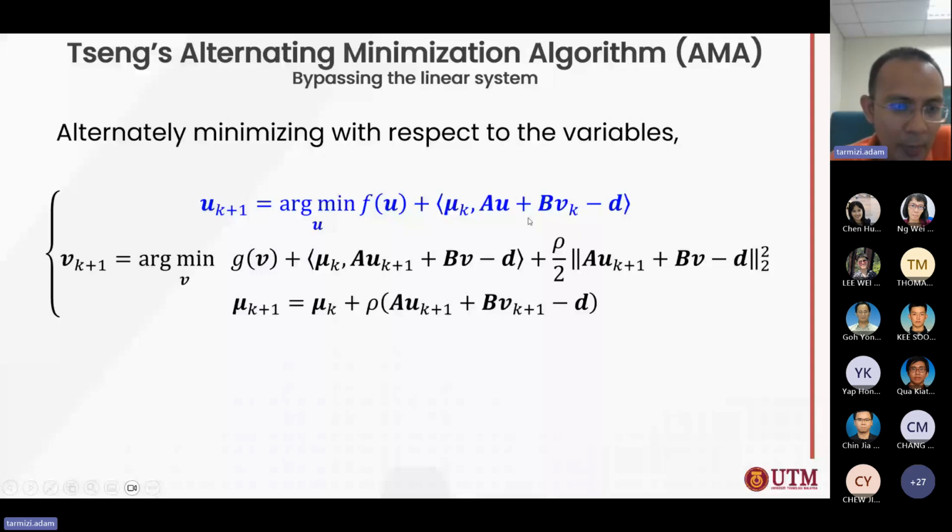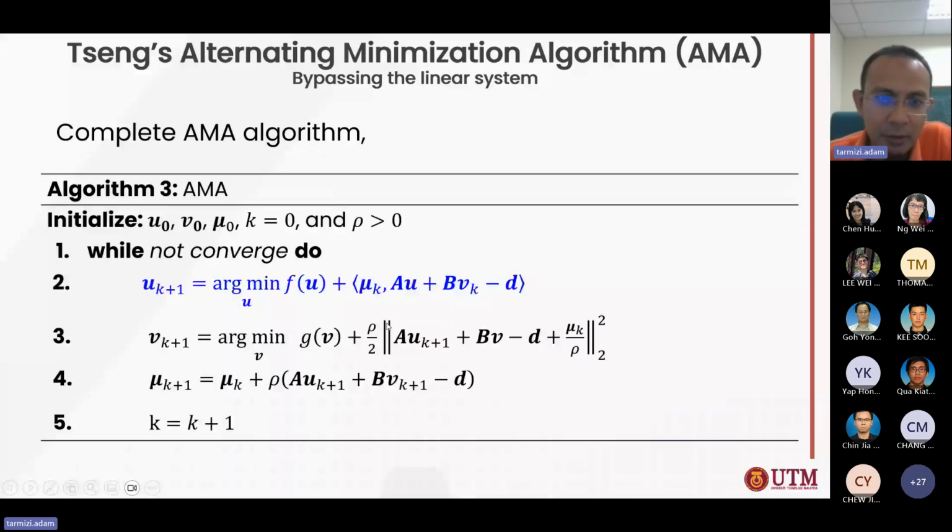With respect to the part which is non-smooth, non-differentiable, you minimize the augmented Lagrangian function, and then you update the Lagrangian multipliers. So this is the general complete AMA algorithm.